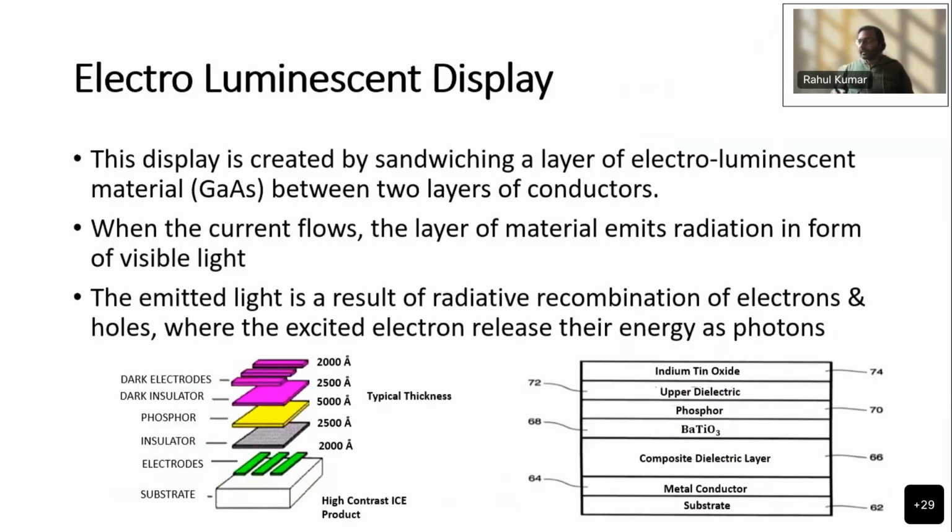The next type of display is your electroluminescent display, right? This display is created by sandwiching a layer of electroluminescent material, something like gallium arsenide, between two layers of conductor.